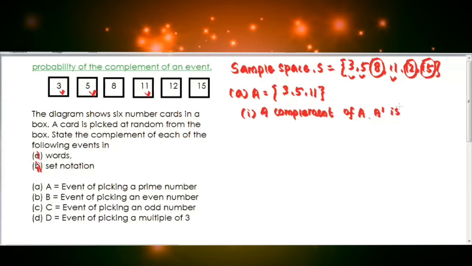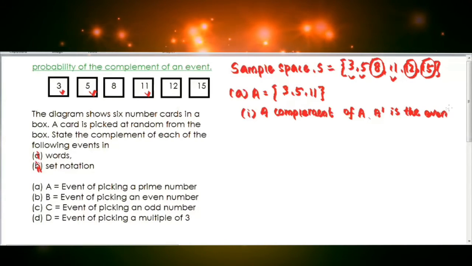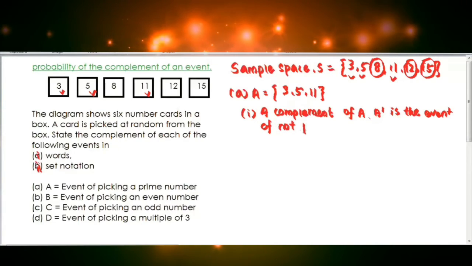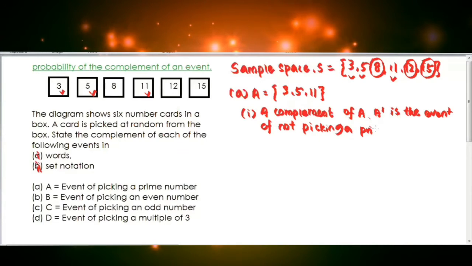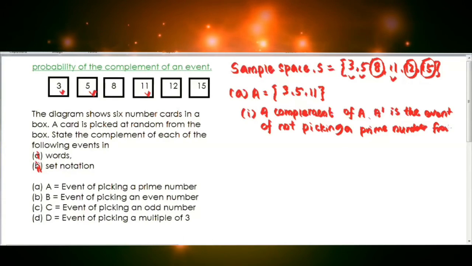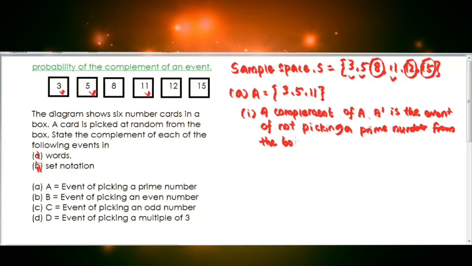So we write in words: it is the event of not picking a prime number from the box.